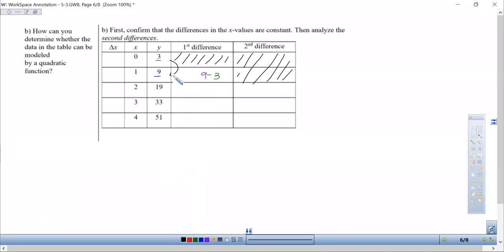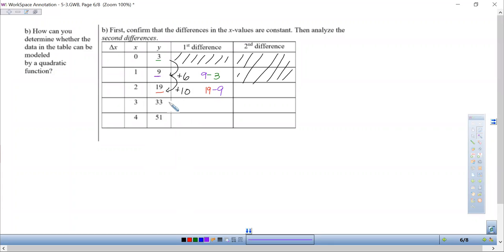If this is linear data, I would add 6 to get the next value. But 9 plus 6 is not 19. If we look at that, it's actually plus 10. I would add 10 to 9 to make 19. Again, I can get that value by taking 19 and subtracting the previous number 9.